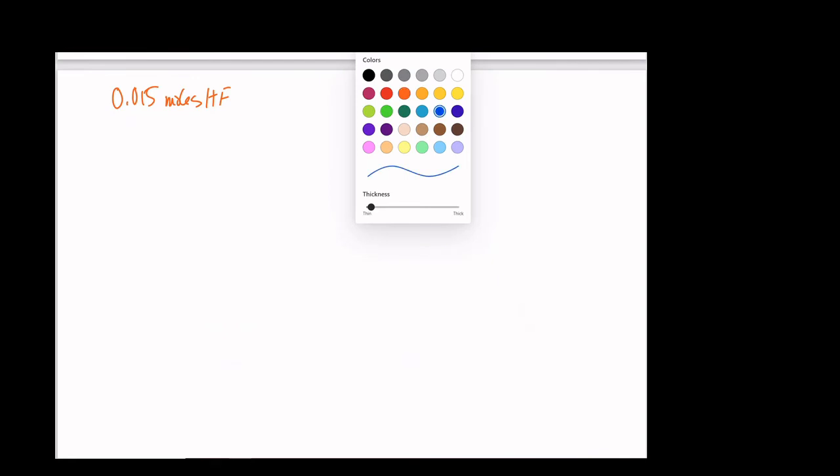After the addition of 300 milliliters of KOH. So we're initially starting out with 0.015 moles of HF, right? All right, and now we're adding 0.3 liters of KOH, and that is 0.050 moles per liter.